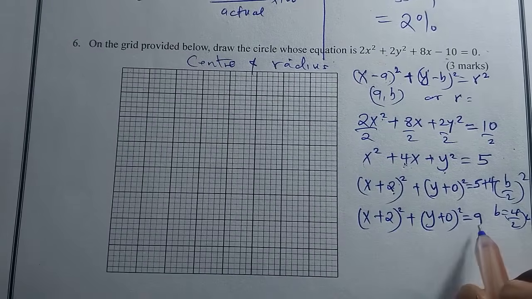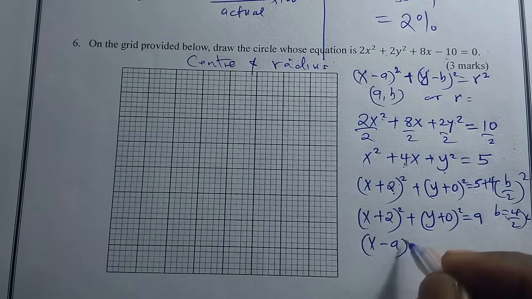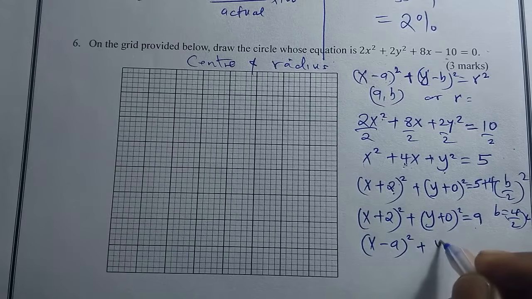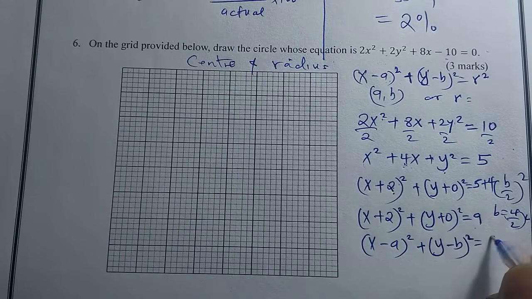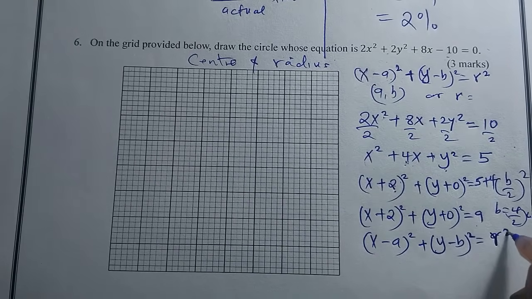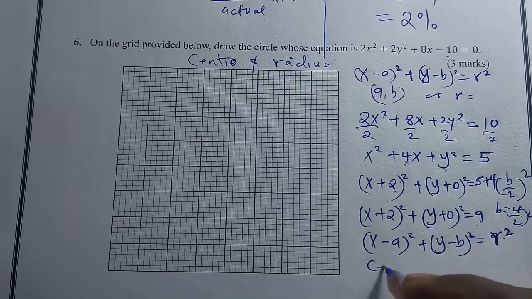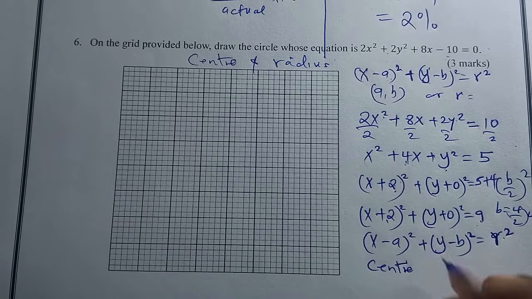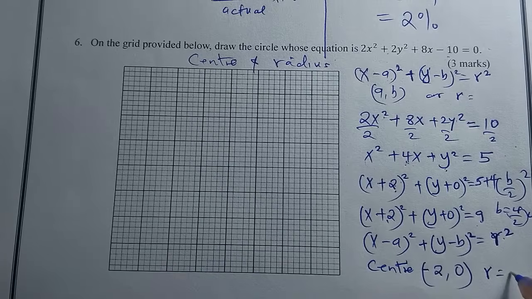Now this one is in this form: (x minus a) squared plus (y minus b) squared is equal to r squared. So 9 is r squared. Our center from here is -2, 0. Our r is the square root of 9, so r is equal to 3.